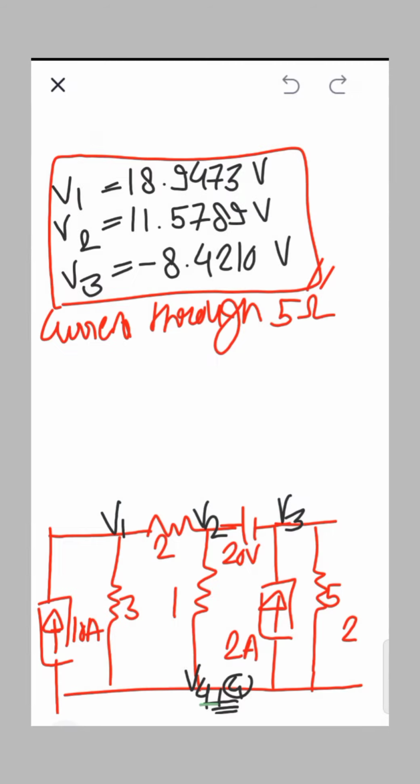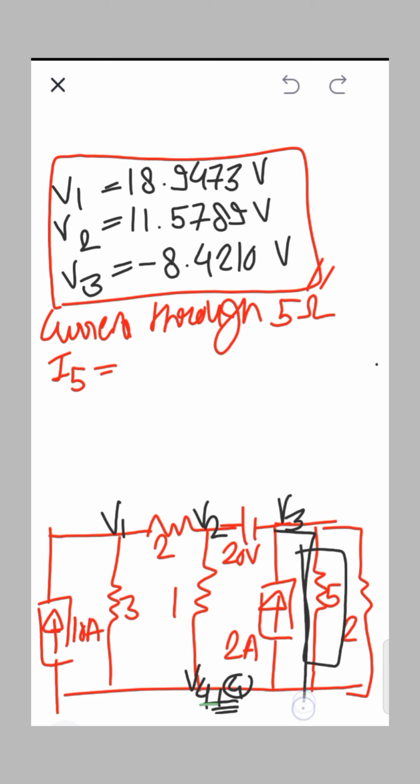The 5 ohm resistor is connected in between what? These two nodes, V3 and V4. So it would be (V3 minus V4) upon 5, and we know the values of V3 and V4.